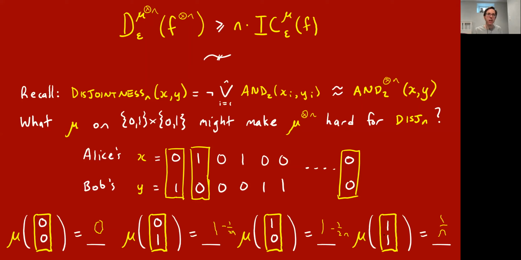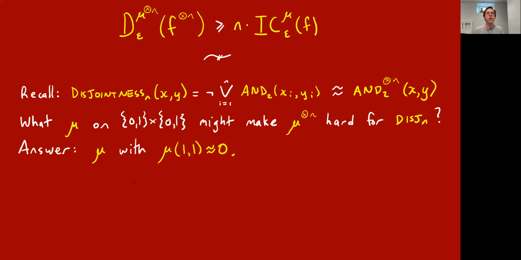This is reasonable. It actually doesn't hurt and may help to put some probability on here as well. But the main thing I want to get out of this discussion is to make sure you put almost 0 probability on 1,1, although not literally 0 probability. So the main answer I want to take away from this is, lots of mu's could be fine, but mu of 1,1 should be very close to 0.